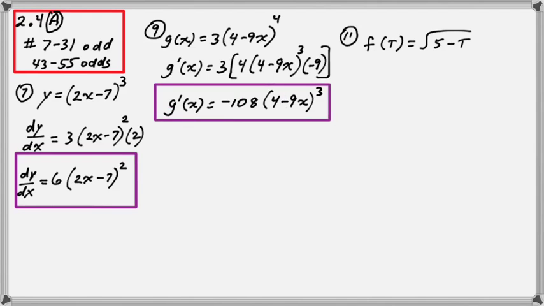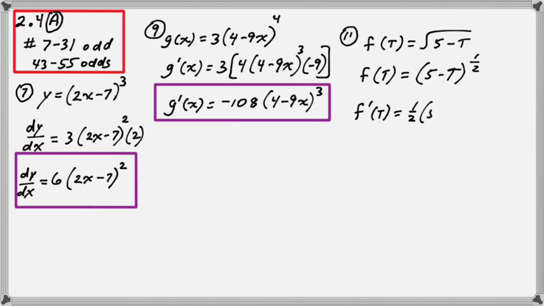Now in many of them, it's to your advantage to rewrite it before you take the derivative. For this, for example, you might want to write it as an exponent, power over root. The power is 1, the root is 2. So a square root is a 1/2 power. So let's find the derivative by doing the chain rule.